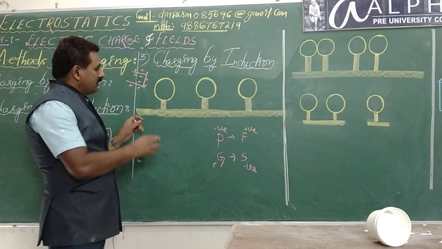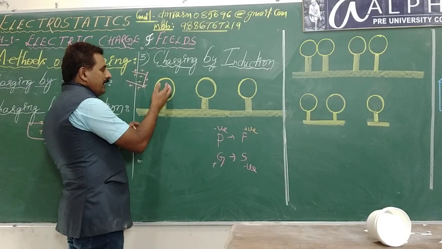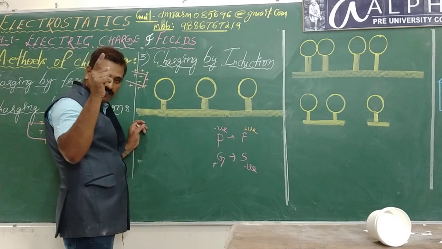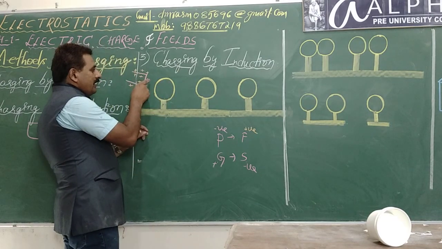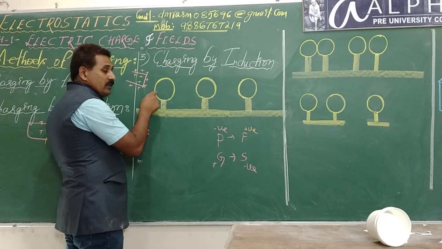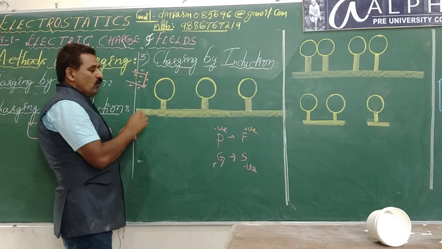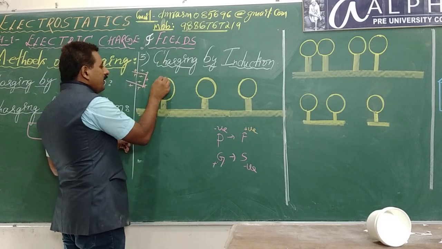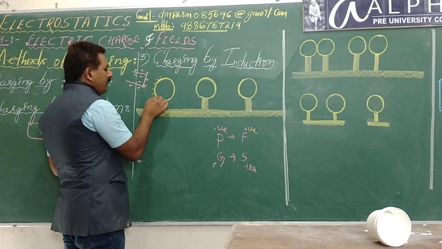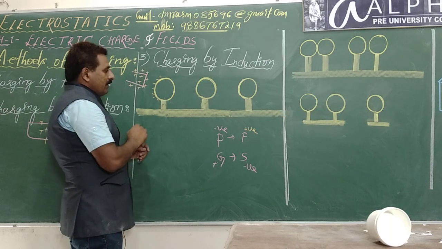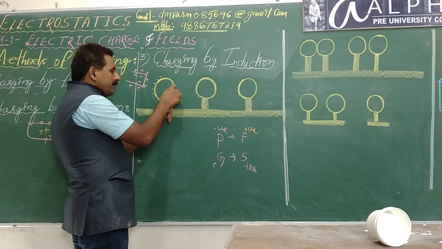The valence electrons of copper atoms can easily move from one point to another. That's why the valence electrons, because of this attractive force, get collected over here. They are actually from the atoms over here.